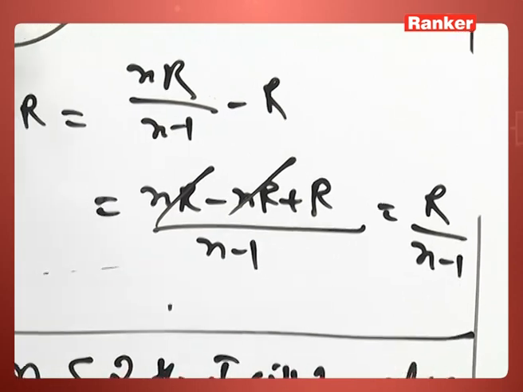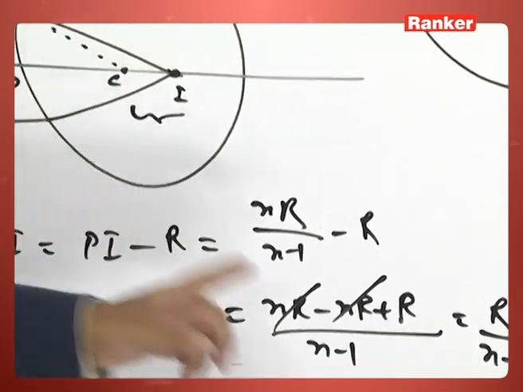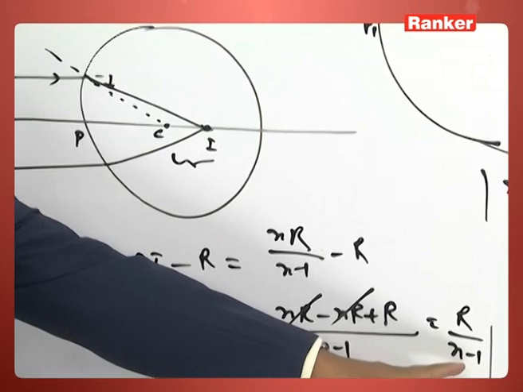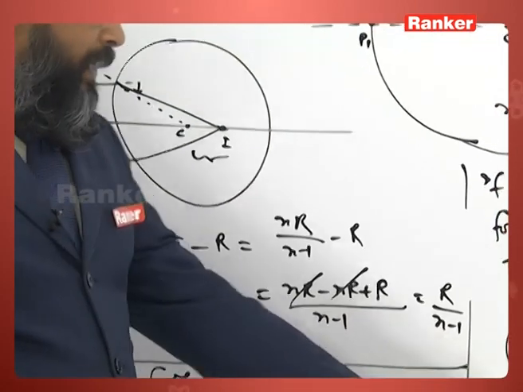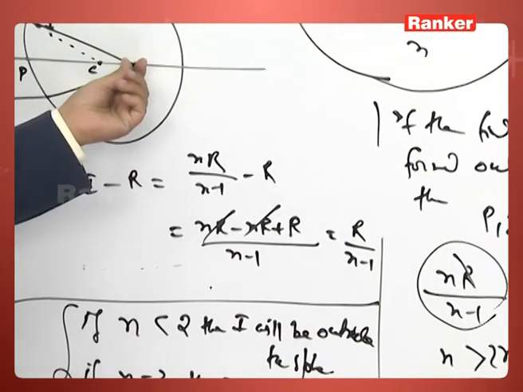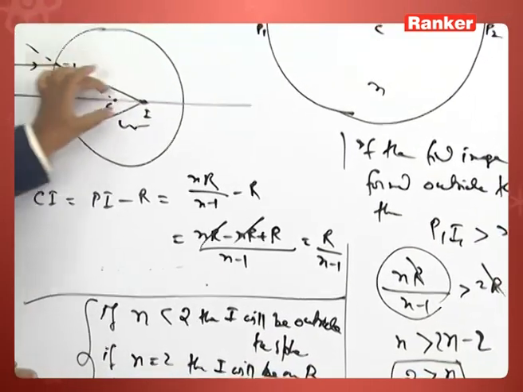So the distance of I from the center in that case will be R by n minus 1, and n should be greater than 2, then only the image is formed, then only the parallel rays will be focused here.